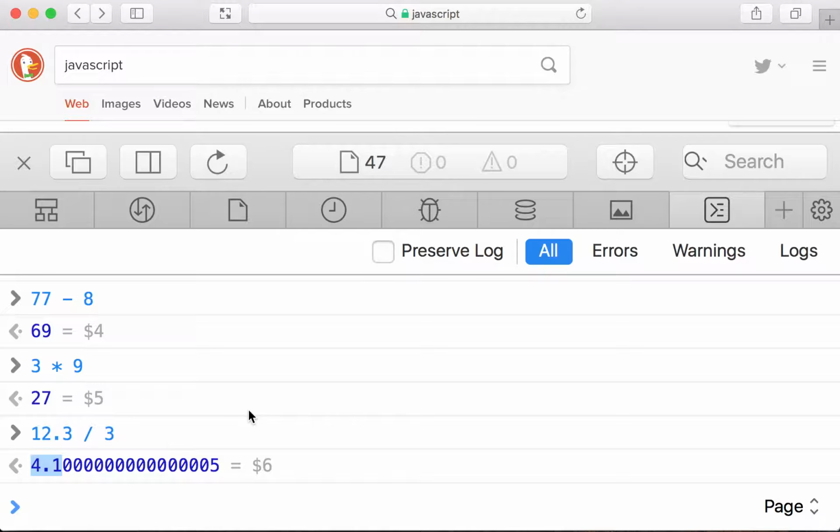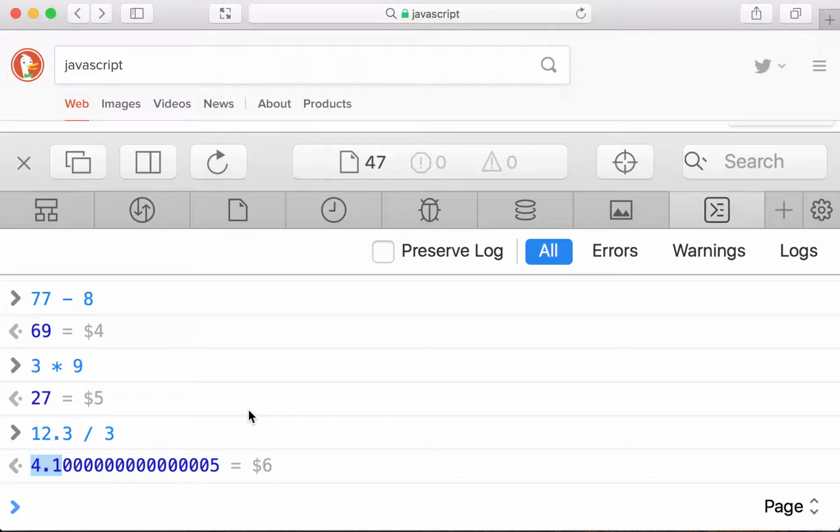It can be accounted for if you're doing real world stuff. There's the concept of a big number type and all that kind of stuff. I don't want to get into that. We're just beginners here. So what you need to be aware of is whenever you have decimal numbers, where the result is a decimal, it's not going to be 100% precise.